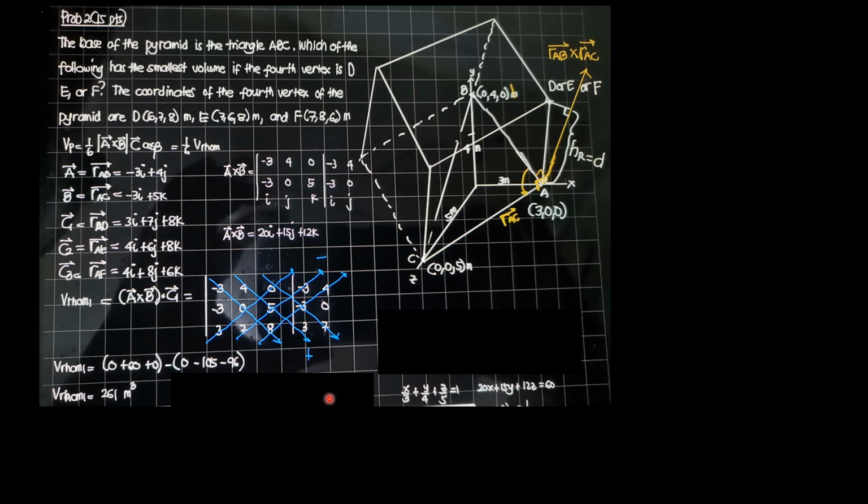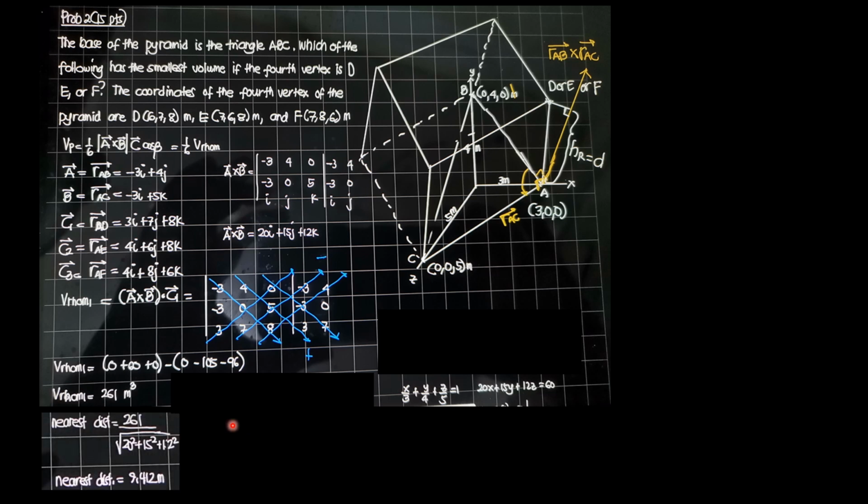Then for rhomboid 2, so therefore the nearest distance, by the way, is, if we expand this, A cross B dot C. So this 261 is equated to magnitude of A cross B times magnitude of C cosine of beta, and this C cosine beta is the distance.